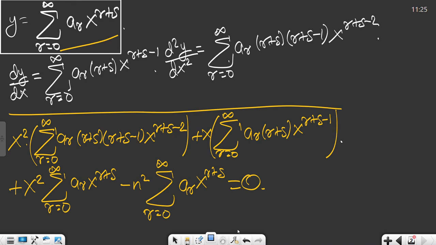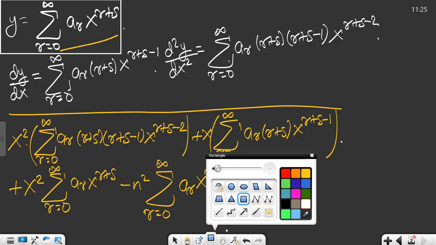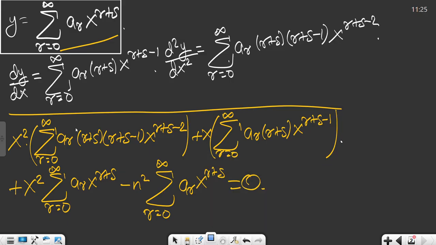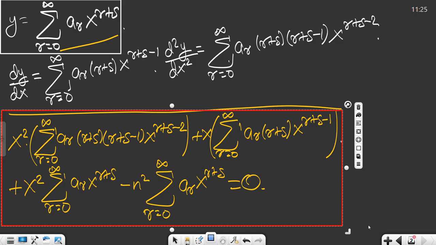And if we plug in the first derivative and the second derivative of that y, after plugging in all the stuff, we are left with this big chunk of things. And now we're just going to move ahead with this only.